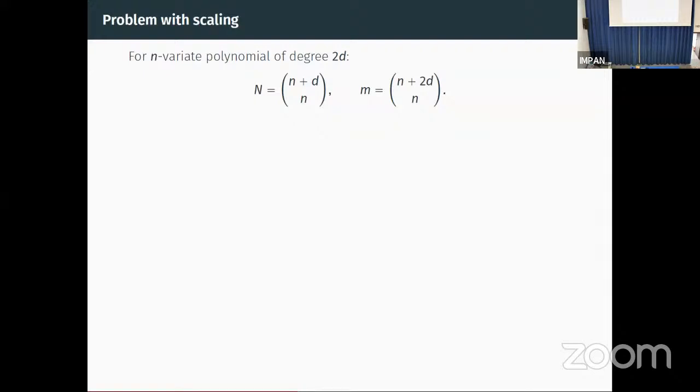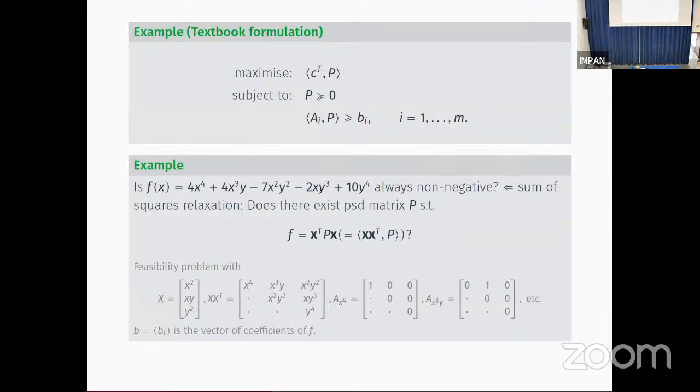And this picture, as beautiful as it looks, slams into a wall pretty quickly. Because if I have n variable polynomials of degree 2d, which must be even, right, then the number of all possible monomials that I need to consider... In this example, I just gave you the basis, but you don't know what the basis should be, right?